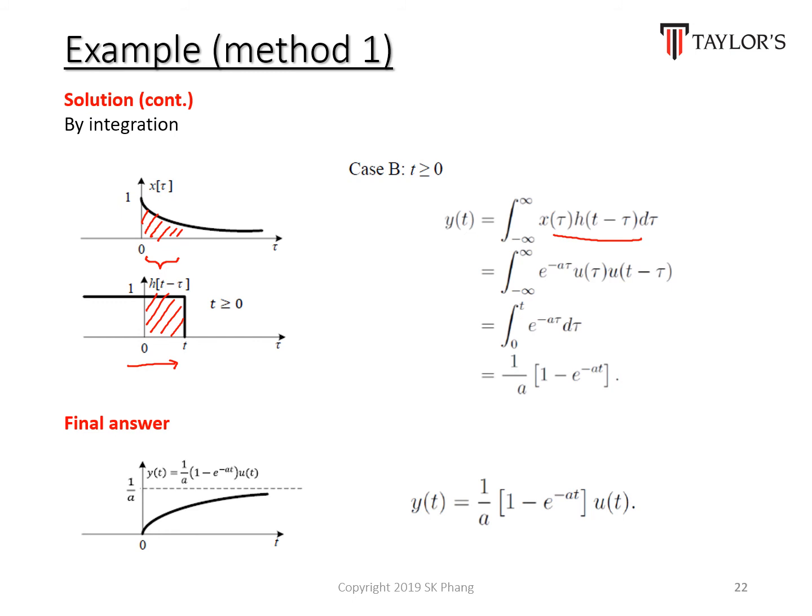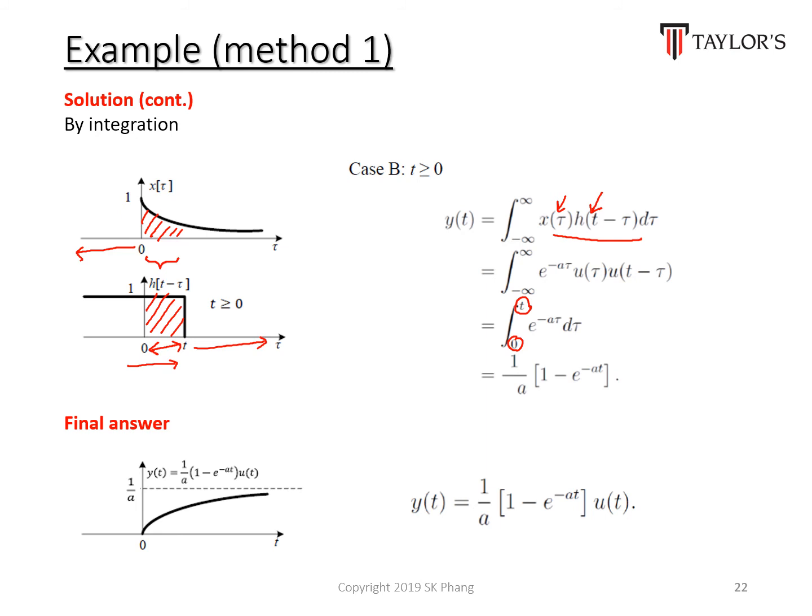You need to multiply your signal together with your system, that is shifted and reflected. And if you look at this graph over here, the overlapping is only between 0 to t, and therefore your integration can only work from 0 to t, because anything beyond t is 0, and anything before zero is all 0 as well.